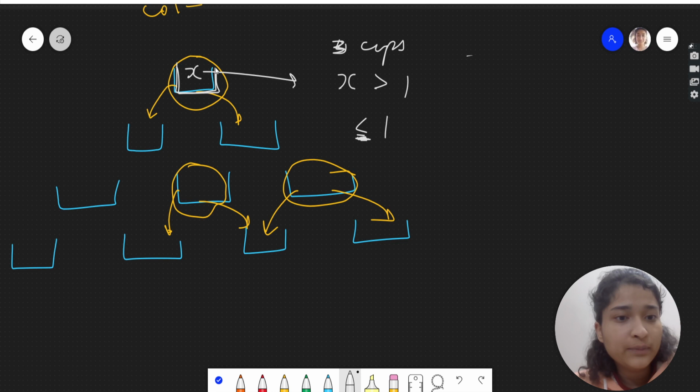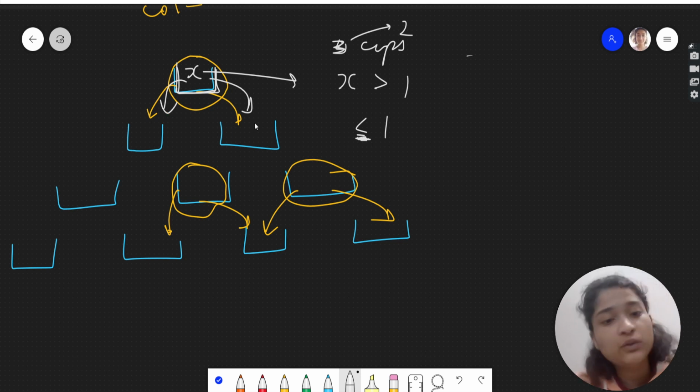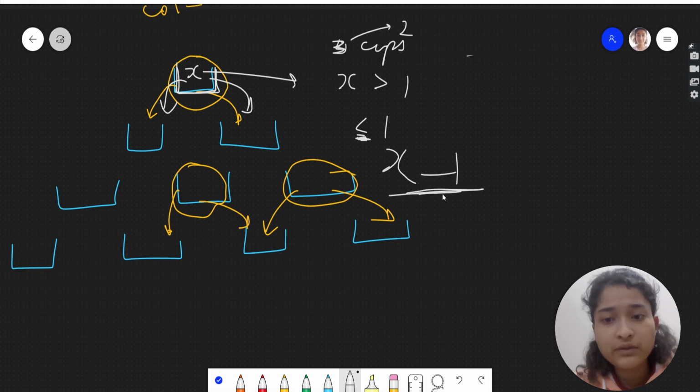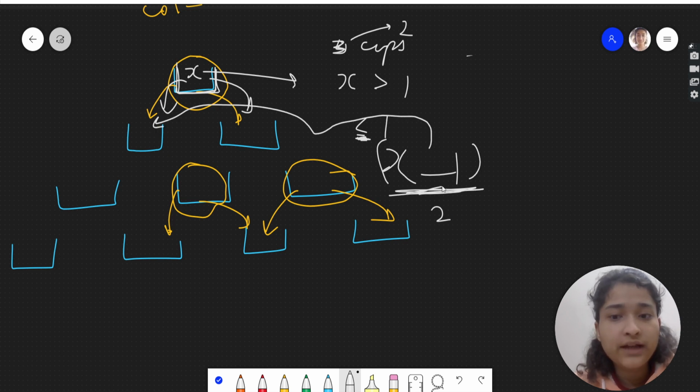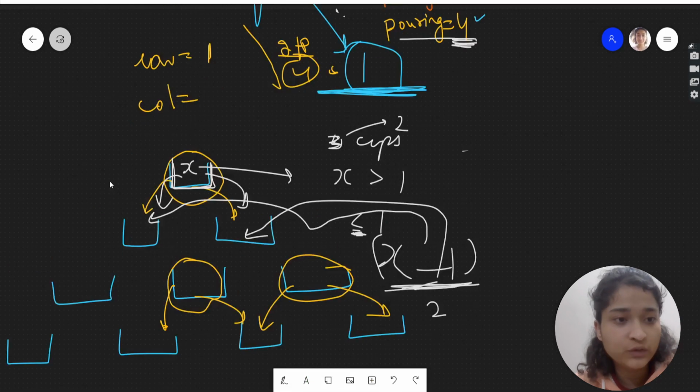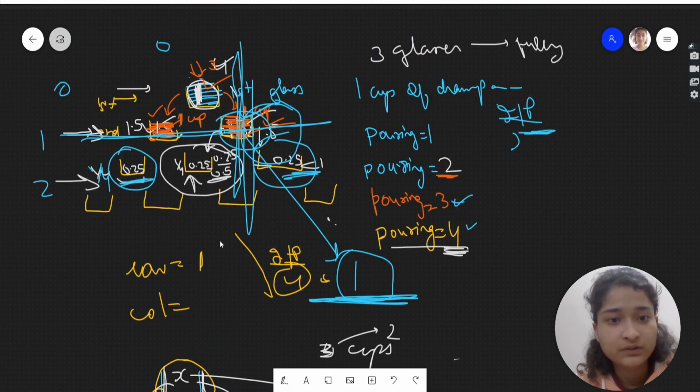So only 1 cup can be stored. The rest of the 2 cups will overflow, will spill out. That will go to the left and right equally. That is, x minus 1, whatever the amount is, will be divided by 2 and will go here to the left and here to the right. So this is what we were doing here, right? If you remember, we subtracted and then we added to the left and right.